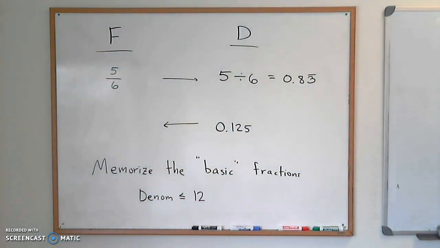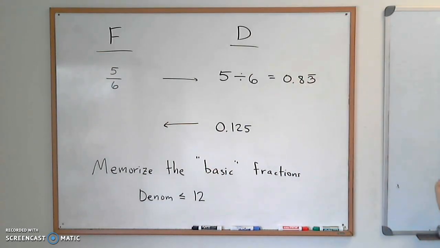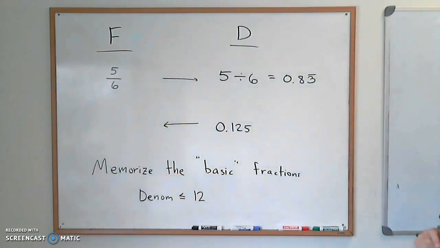So in other words, it would be really great if you could just memorize that 5/6 converts to 0.8 repeating 3, and vice versa. Those memorized numbers help not only with speed, but also with being able to recognize things that other students won't pick up on. For example, you might see this decimal, and to other students that'll just be some random decimal that doesn't mean anything, but to you, you know that that means 5/6, and that might make the problem easier to solve.